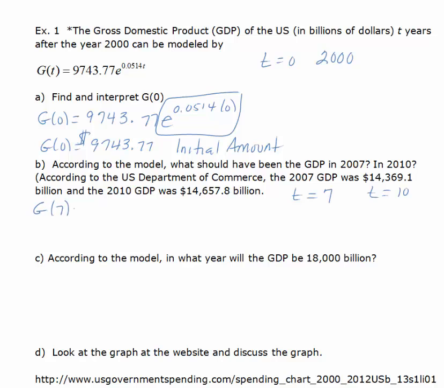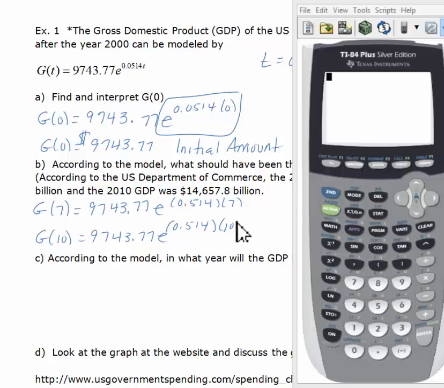We have g of 7, which would be 9743.77 e to the 0.0514 times 7. And then we want g of 10, which would be the same function, only we replace t with 10. I'm sorry, that should be a 7 in the first one.